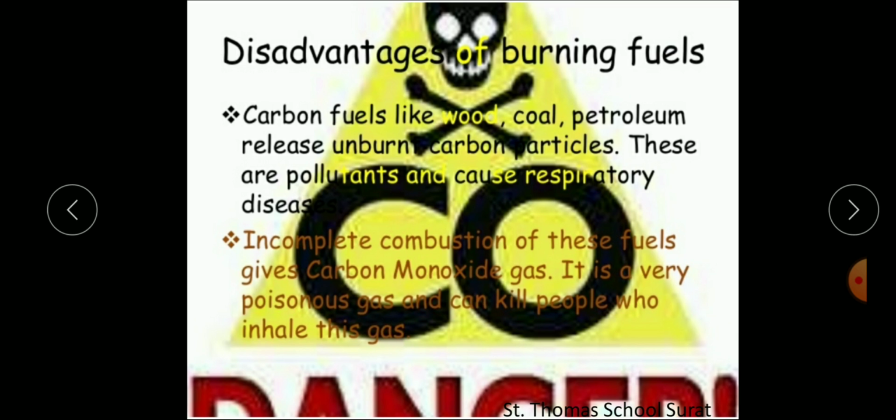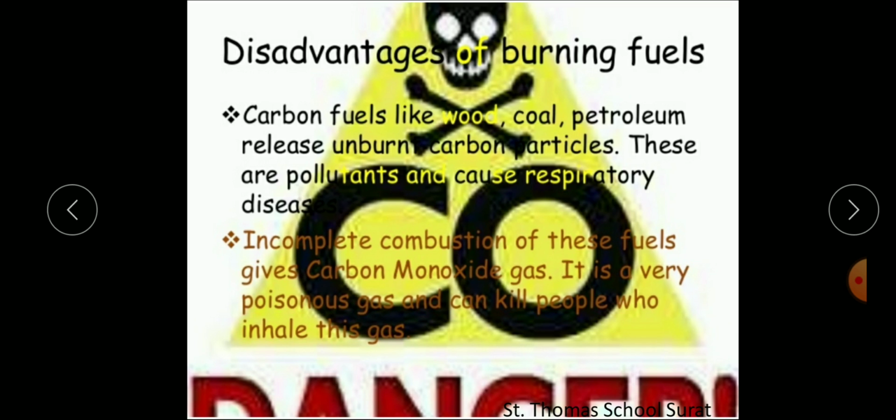The fuel consumed also increases with the increase in population. So carbon fuels like wood, coal, petroleum release unburned carbon particles. These are pollutants and cause respiratory disease.